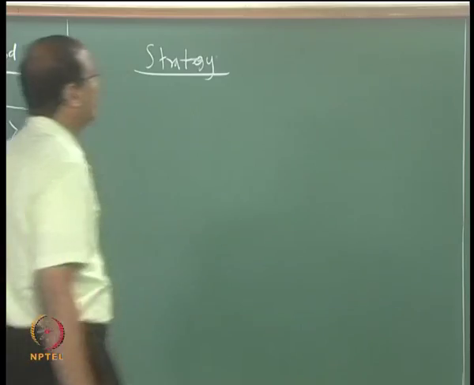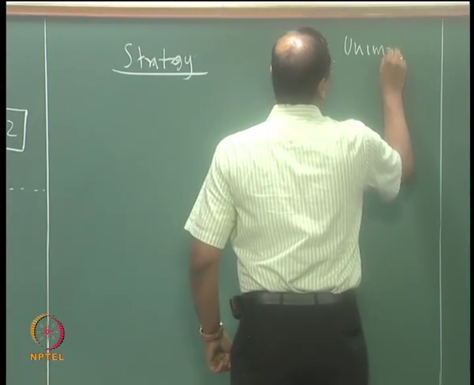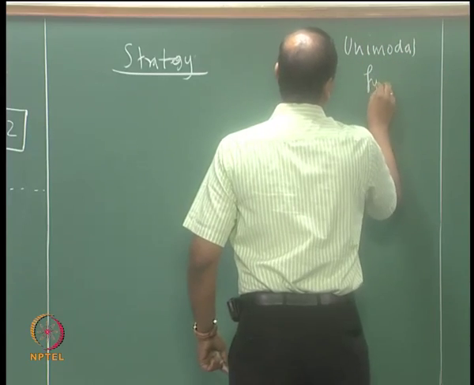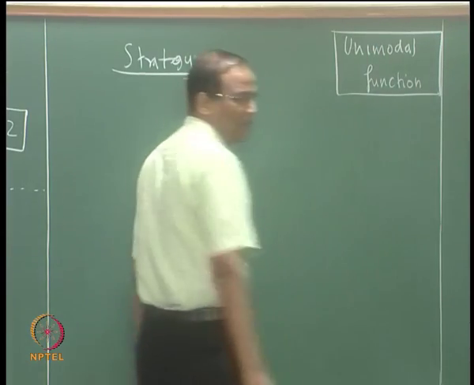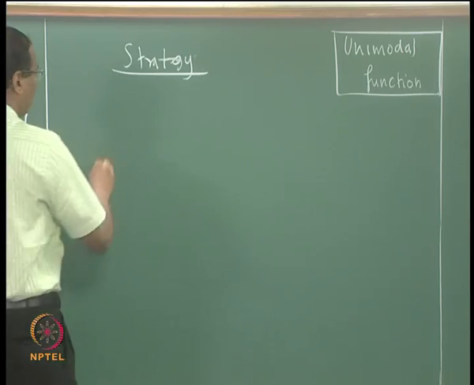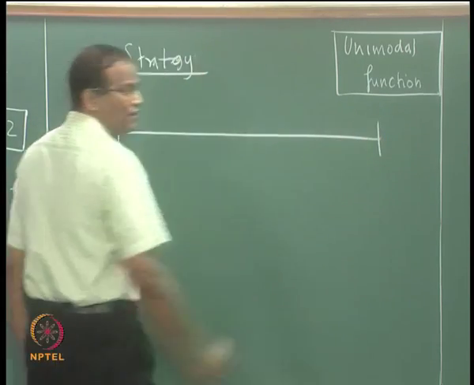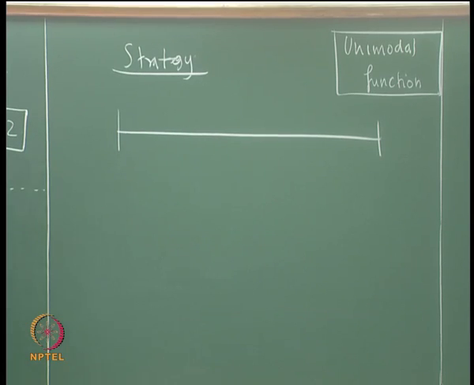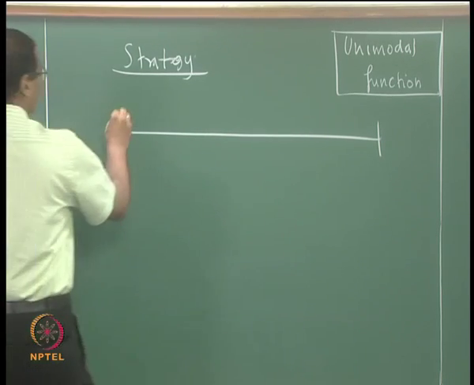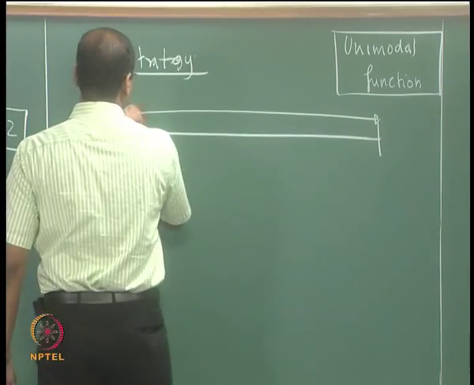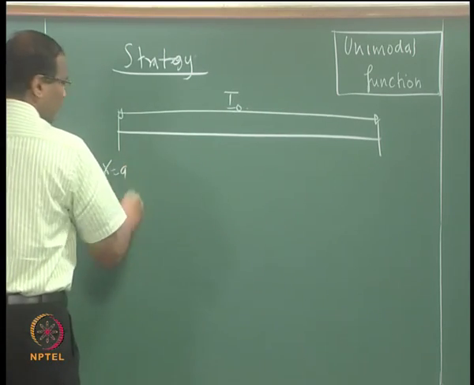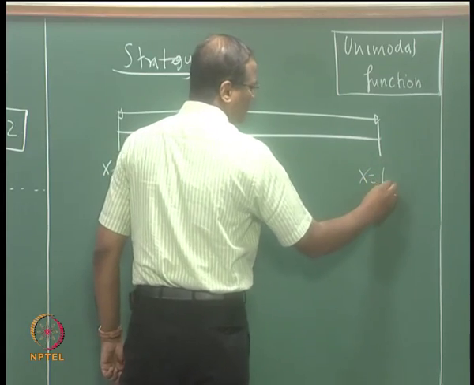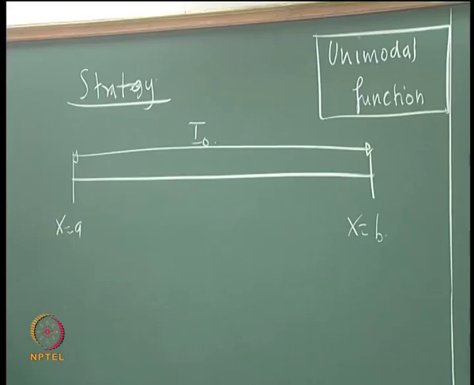Okay, so needless to say we are considering a unimodal function. As usual we start with an original interval of uncertainty of I0, x equal to A, x equal to B. Okay.